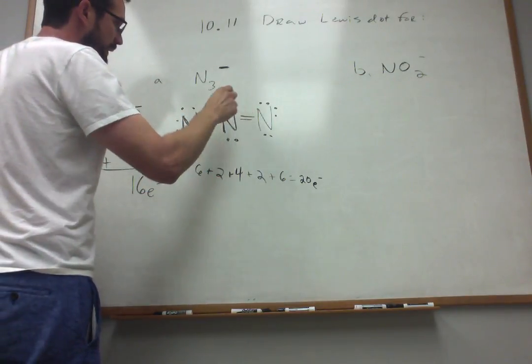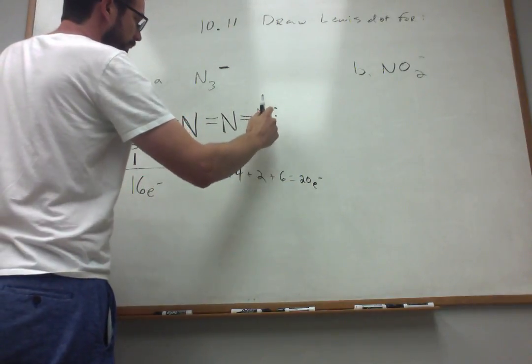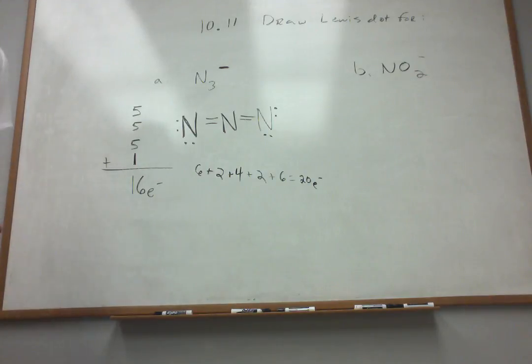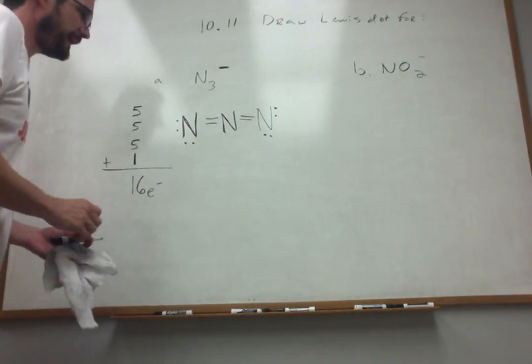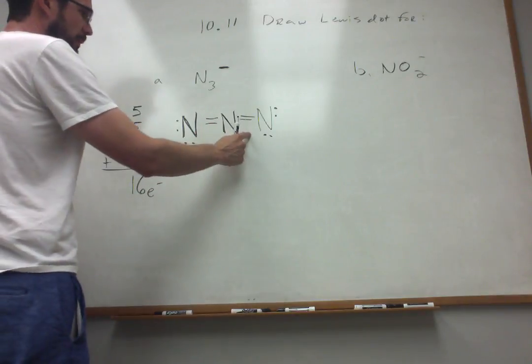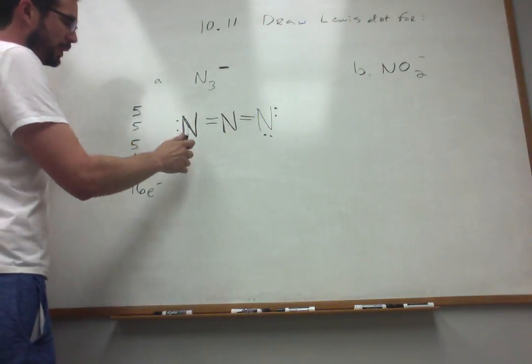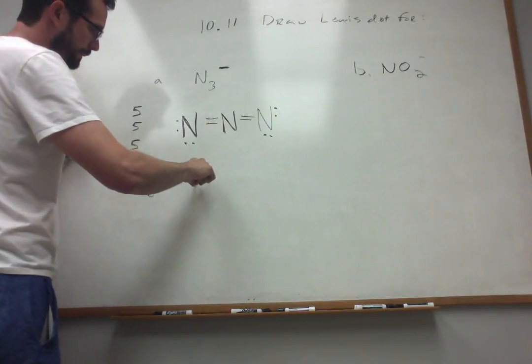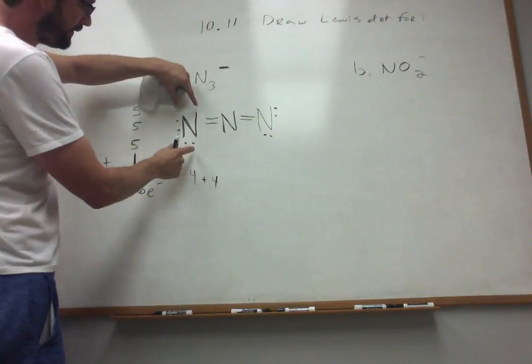I'm going to try to do here and here. I'm going to erase some lone pairs and see if this works now, okay? So I added a double bond here. I added a double bond here. Now for this nitrogen, it's got 1, 2, 3, 4. All right, and it participates in sharing 4 here, so that gives it its 8.